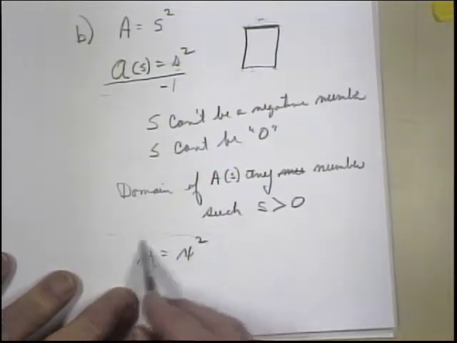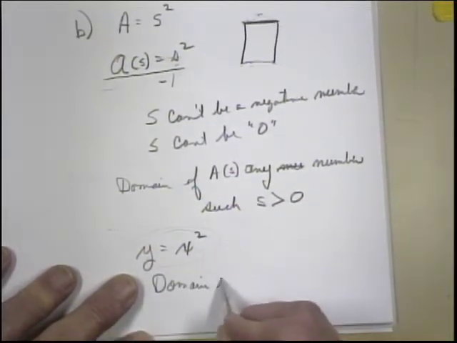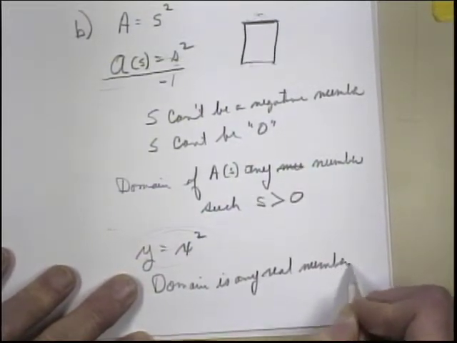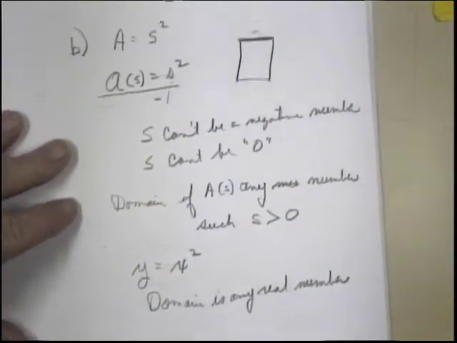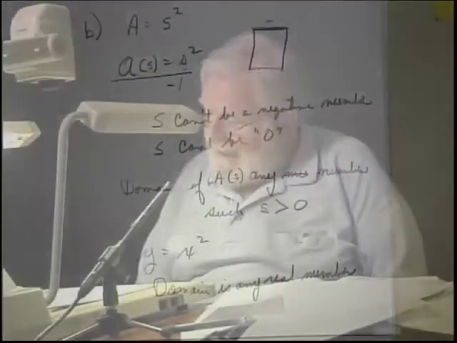Because this is not defined as a square, the side of a square, the domain of this function is any real number. And we could graph this and use the vertical line test to prove that it's a function and that it extends in the x direction. It would go to infinity both in a negative direction and a positive direction. All right, and that's the end of this section.